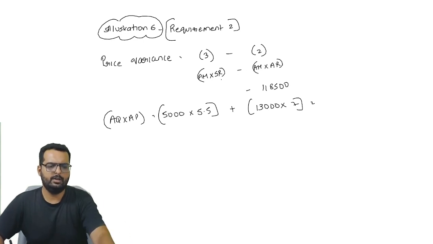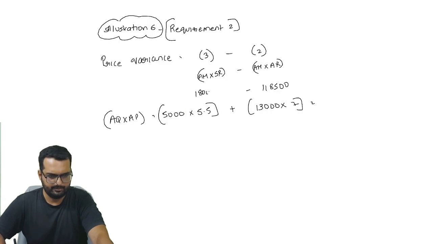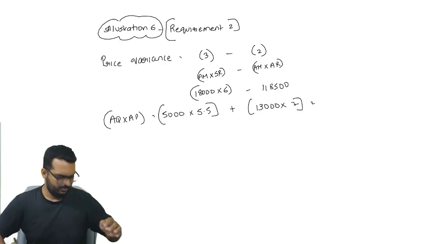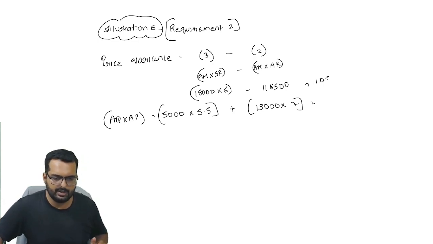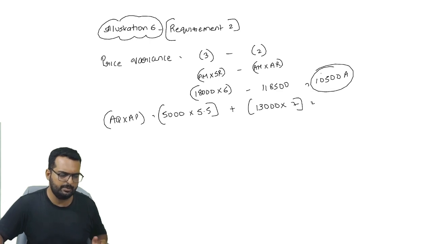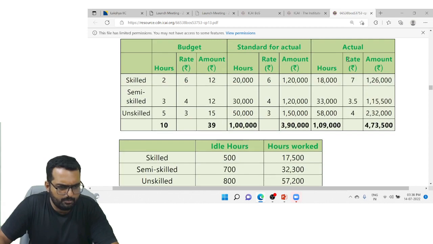So now here AH into SR will be how much? 18,000 into 6. So how much is 18,000 into 6? 1,08,000 minus 1,18,500. Do you get the answer as 10,500 adverse? Just double check friends whether that's the exact solution given in your book.